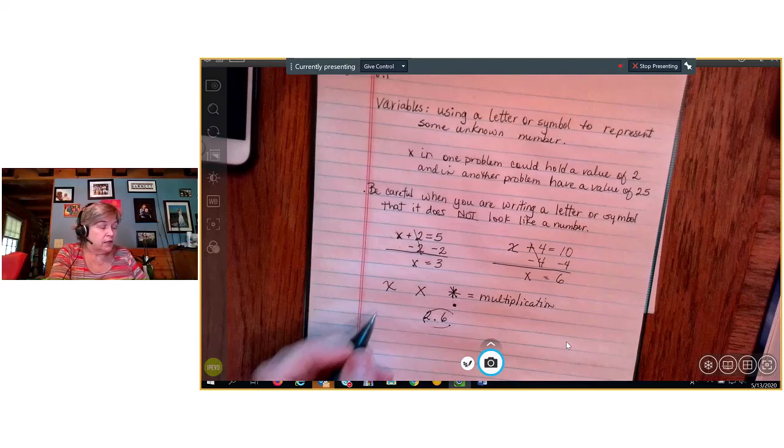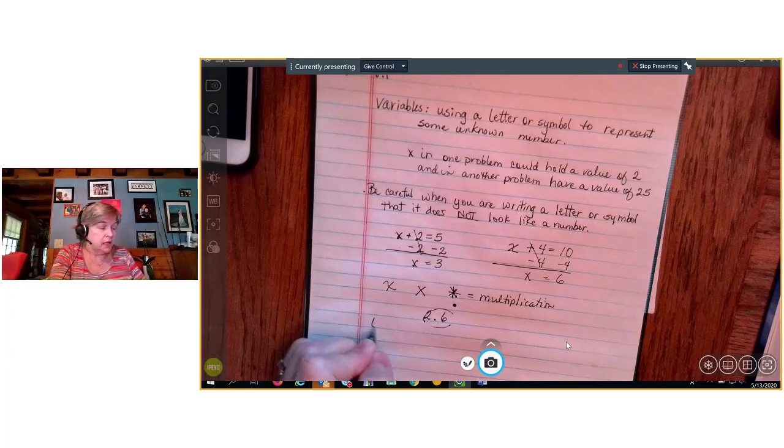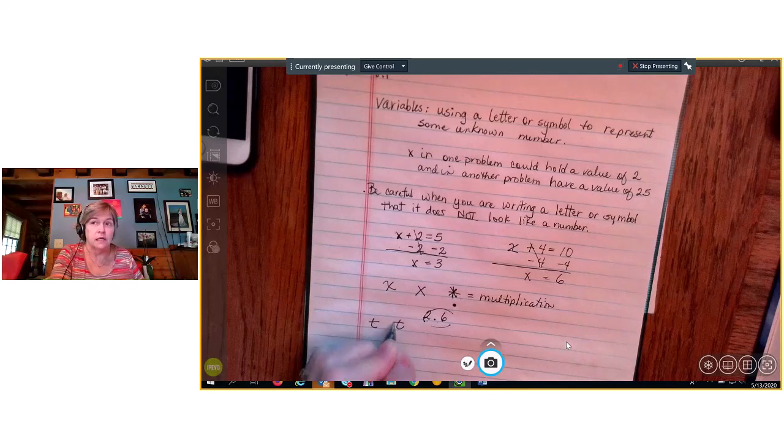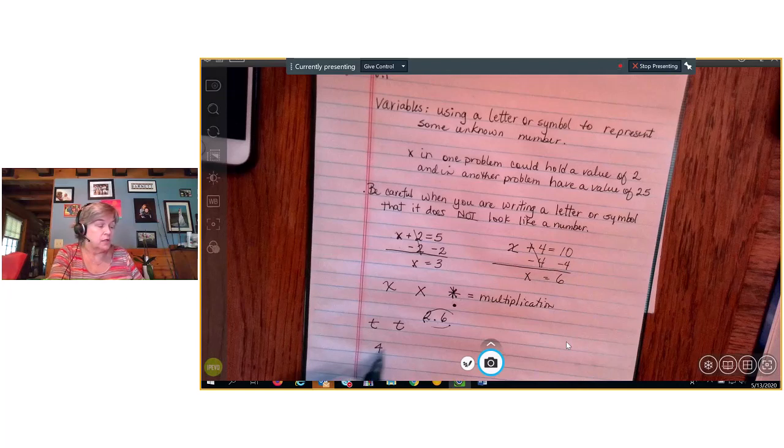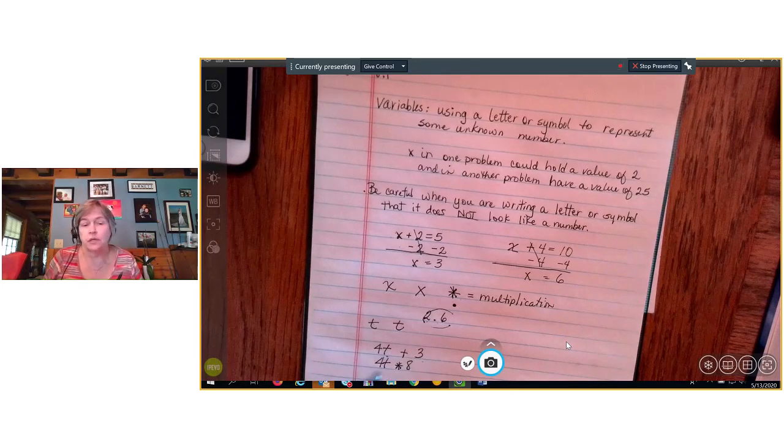I rarely use a T, because when I'm writing things really fast, I may not put that curl on the T, and so it ends up looking like a plus. And especially when I'm reading problems and reading work, if you're doing 4T plus 3, I can recognize that as 4T plus 3, but if we do 4T times 8 or something, then it's like, okay, something looks really weird.